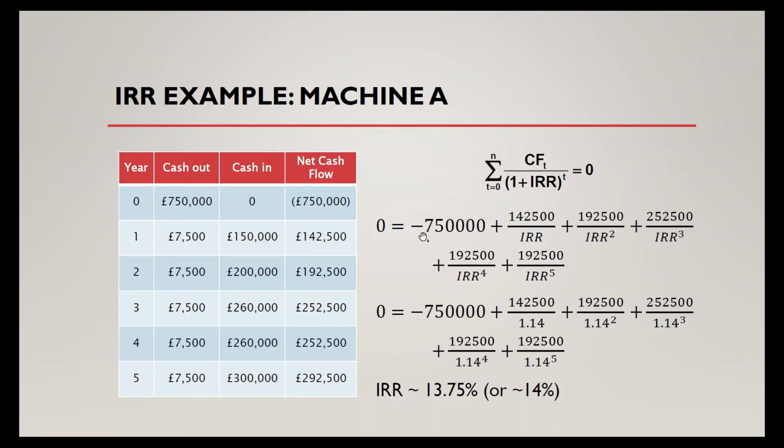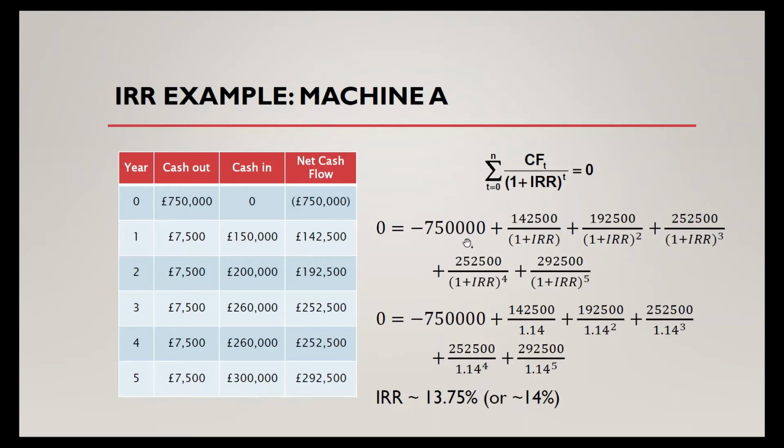Therefore, the initial investment is 750,000. We do not need to discount this because this is the amount of the initial investment that we have to pay today. For the first year, it is going to be 142.5 thousand, and then divide this by 1 plus the IRR and raise to 1 because this is the first year.